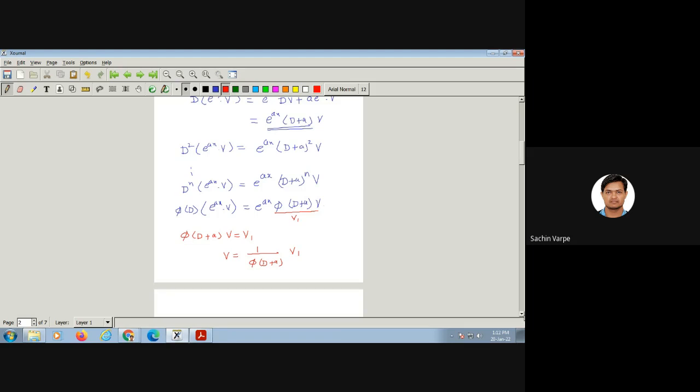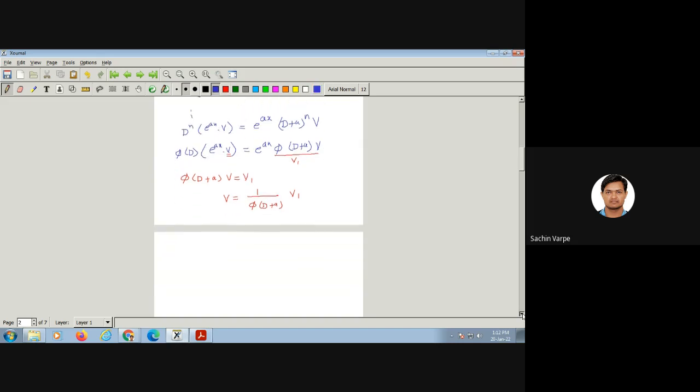Therefore, if I substitute the value of v1 into this, what will I get? I'll get phi of D into e to the power ax into 1 upon phi of D plus a operated on v1, that is equal to v1.